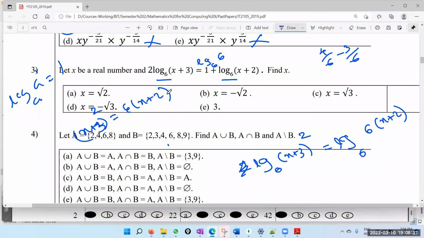Right. So we are going to have a quadratic equation, and we are going to have 2 values. So let's simplify. x squared plus 6x, 3 into 2 is 6, x plus 9, we'll take these things to this side, minus 6x minus 12 equals 0.